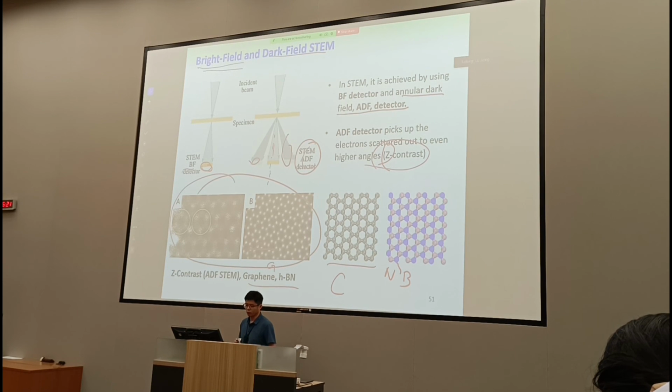From this, can you tell which image is acquired over the boron nitride, which one is over the graphene? Assume that it's a monolayer. Can you tell some difference?